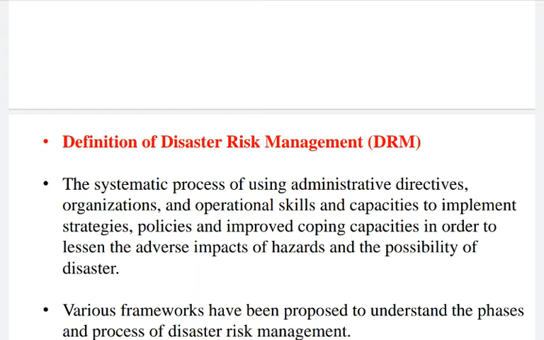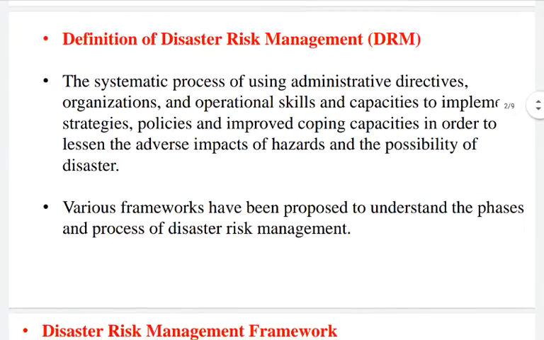So, disaster risk management means we are reducing or giving options on how to withstand a disaster, post disaster, or even before, at the pre-disaster stage. So here we will be using certain policies or strategies so that we can lessen or reduce the effect of the hazard and the possibility of disaster.